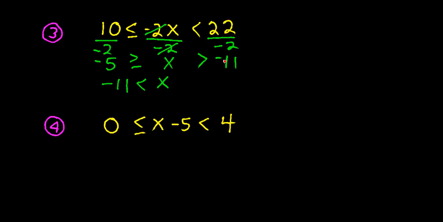So I'm going to put the negative 11 here is less than x. I'm copying this symbol and putting it here as less than or equal to negative 5. And to graph that, of course, I would have the 0, negative 5, negative 11. I'd be graphing a solid circle on the negative 5, a hollow circle on the negative 11, and the area between.